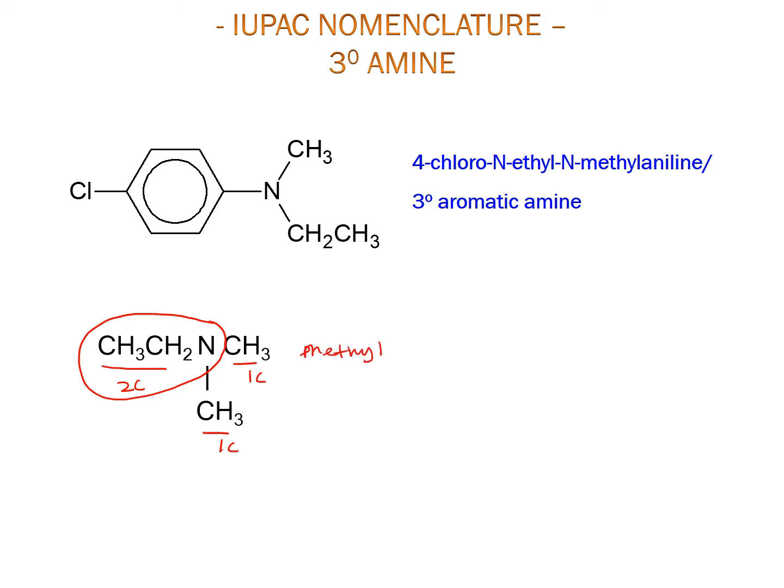Since you have 2 methyl, state it as dimethyl bonded to N, so you state the N twice. So the name of this amine is N,N-dimethyl ethanamine, and the class of amine is tertiary aliphatic amine.